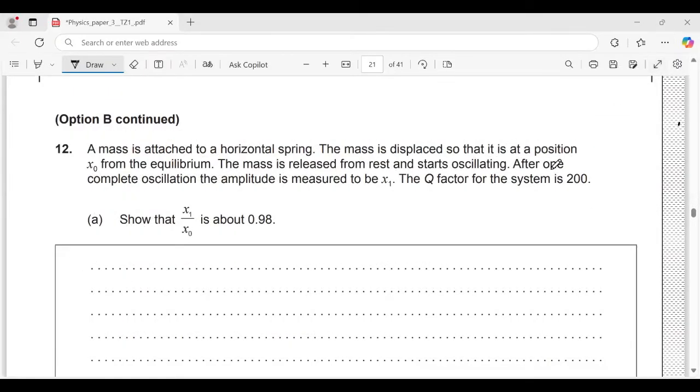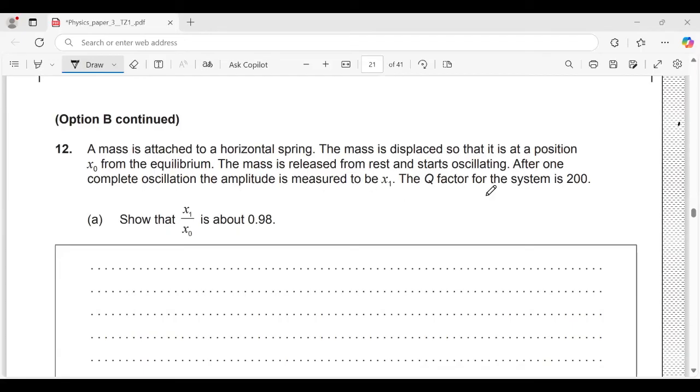Number 12. A mass is attached to a horizontal spring. The mass is displaced so that it is at position x0 from the equilibrium. The mass is released from rest and starts oscillating. After one complete oscillation, the amplitude is measured to be x1.